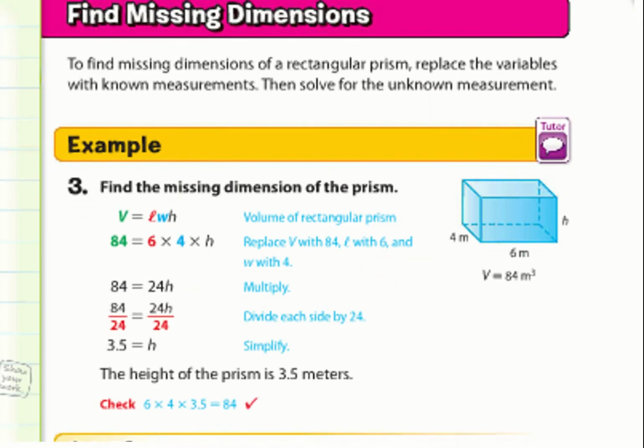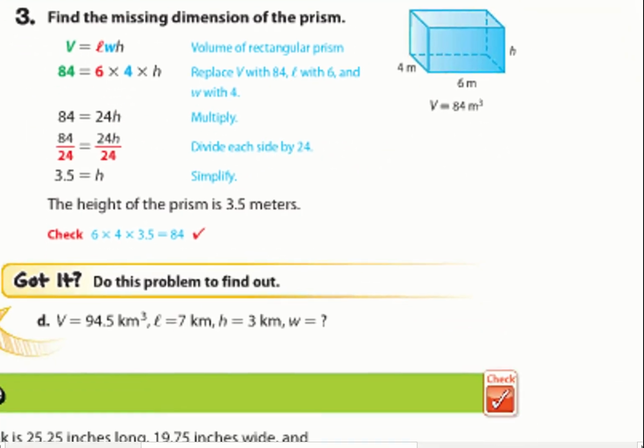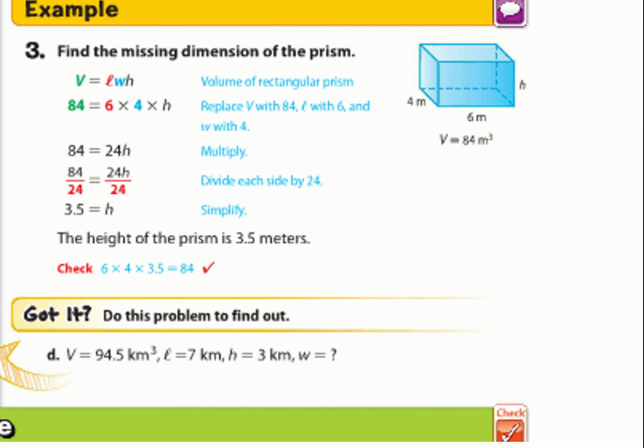So now we're going to find the missing dimension. This is when it's going to get a little bit tougher, but it should also be familiar. Don't be intimidated. We know volume equals length times width times height. For this example, volume equals 84, and my length is 6, my width is 4, times my height.